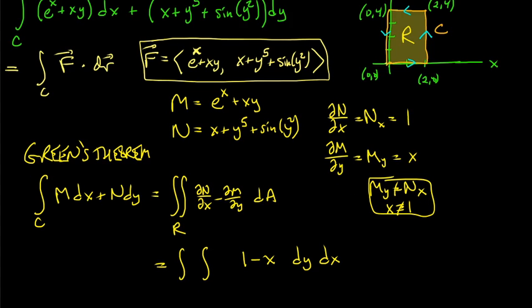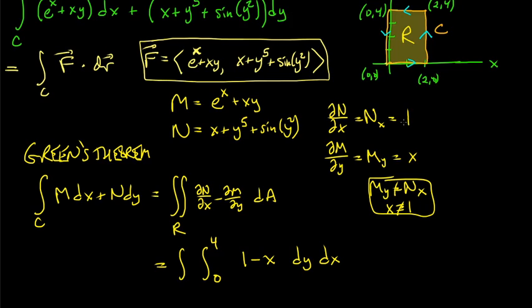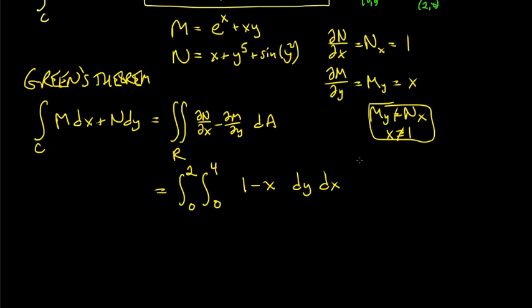Y goes from 0 to 4, that's the height of the rectangle. And the width is 2, so x goes from 0 to 2. So I think you can handle this. Again, just treat one at a time. Do the inside integral first. We'll do the outer one later.